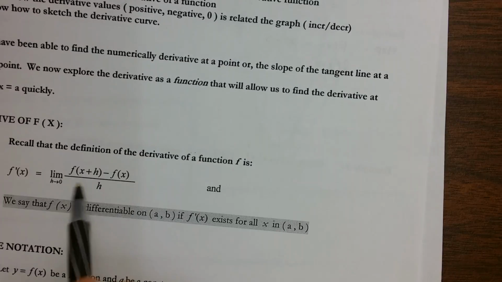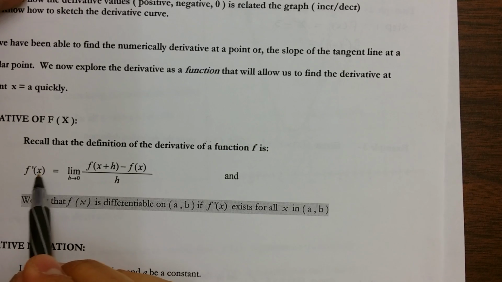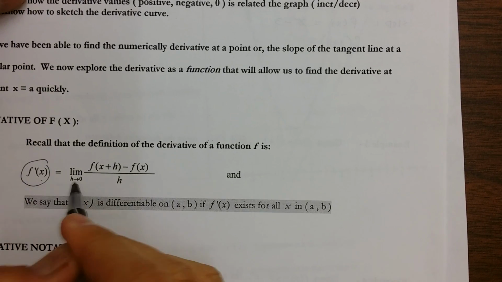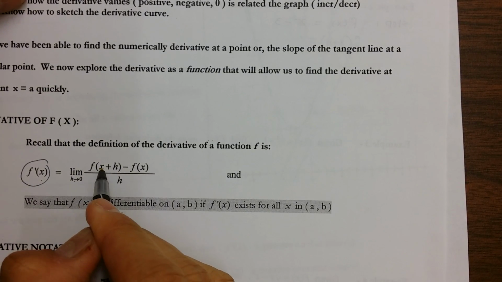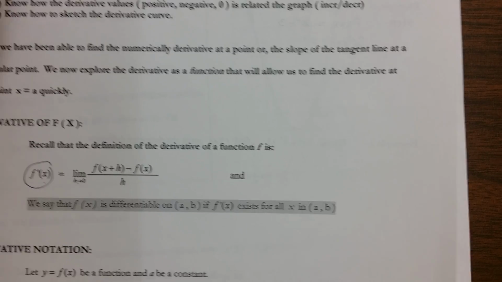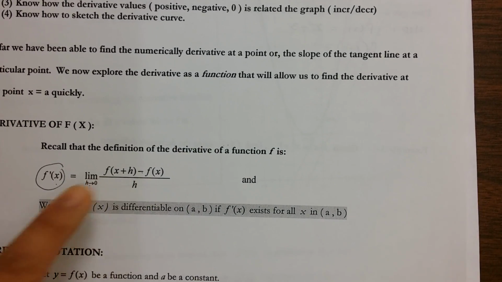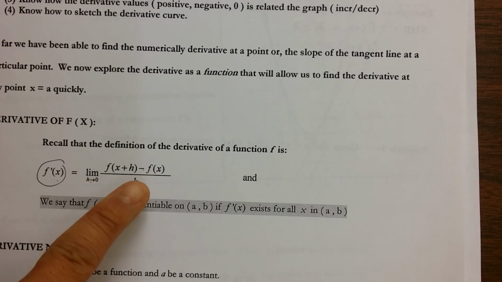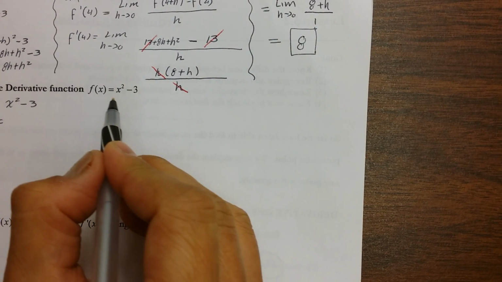Remember that? This is the derivative function. The derivative function is the limit of f of x plus h minus f of x. Okay, and that's why I'm using the letter x, because of this definition of the derivative function. So the cool thing is f of x is always given to you.